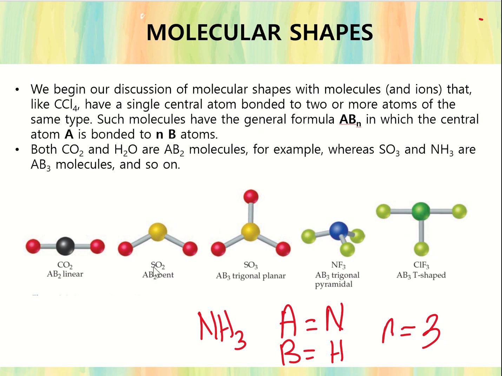So essentially we have one central atom, and then we have different things attached to it, which is the B, right? So B is oxygen, B is fluorine, B is fluorine. And n represents the number of B, right? So we have 2, 3, 3, 3, and they have various shapes. So for ammonia, nitrogen is A, hydrogen is B, and the number of hydrogen atoms, n, is equal to 3.